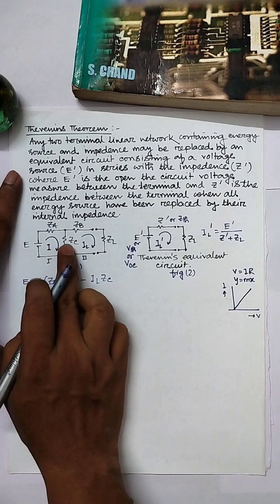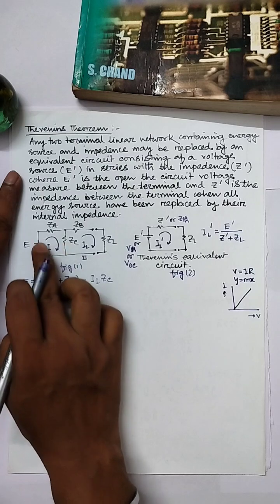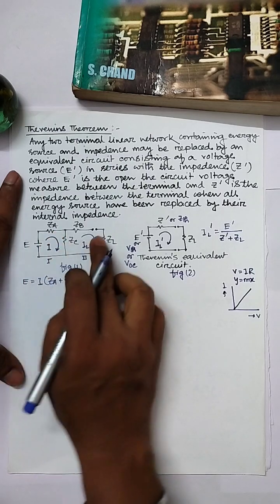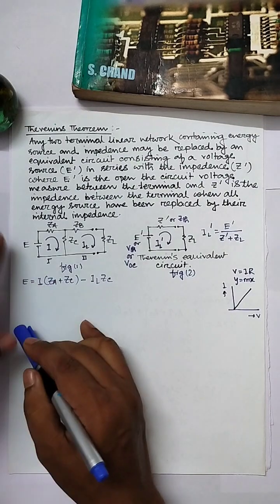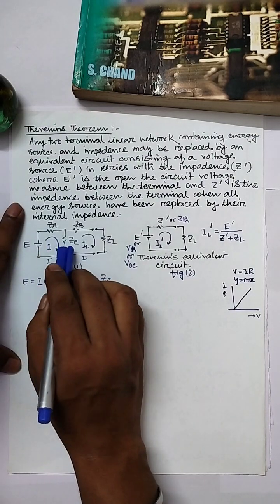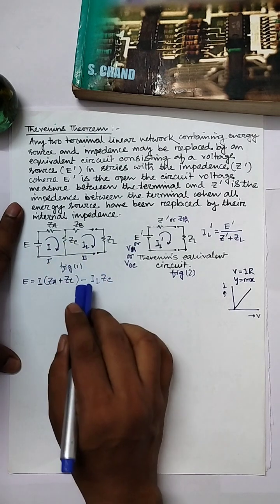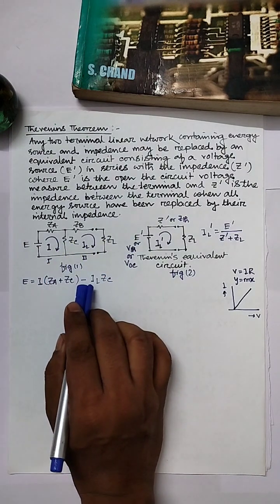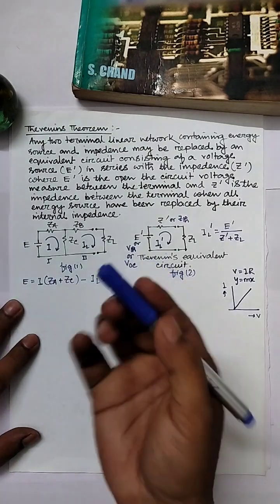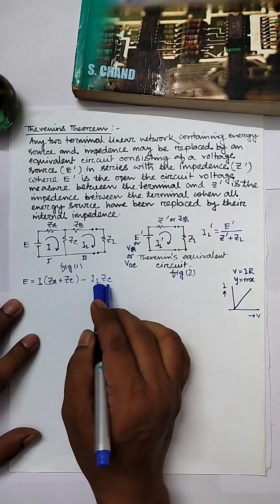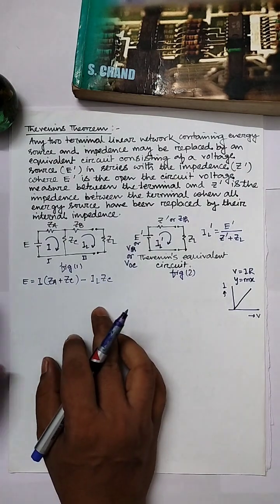Why minus? Because ZC is common to both mesh 1 and mesh 2, and I is flowing through ZC, and IL is also flowing through ZC, but in the opposite direction. We know from KCL that if two currents are flowing in opposite directions, one is positive and the other is negative. That's why minus IL.